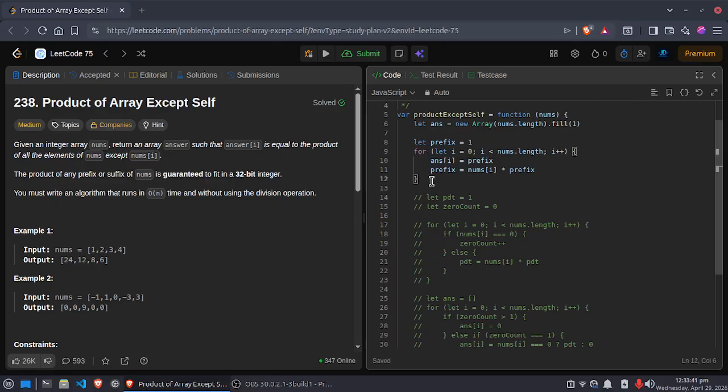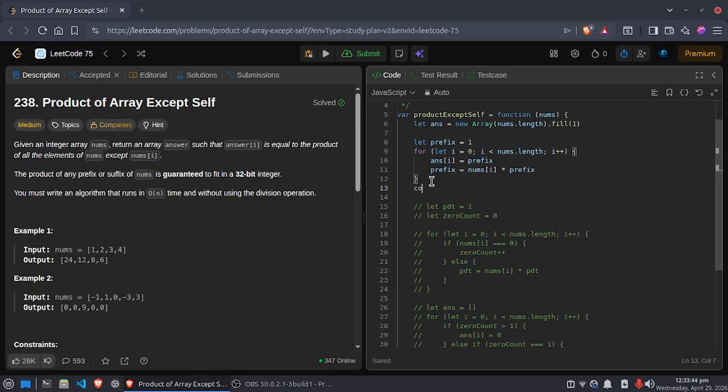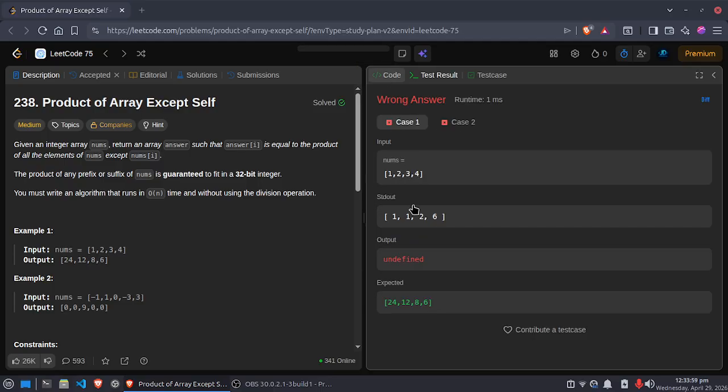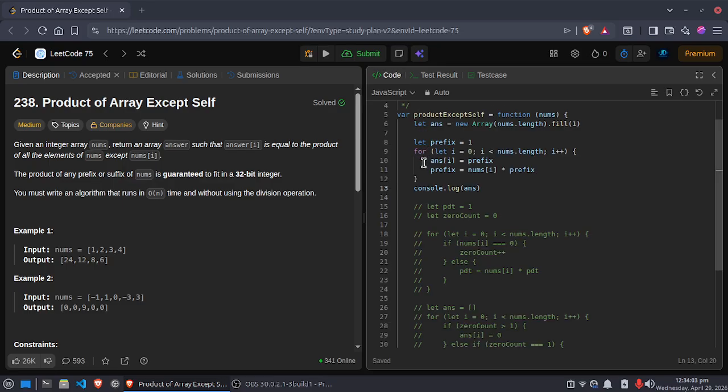If I console.log the answer and run it, let me show you what comes in the prefix array in the first loop. I get 1 1 2 6, because the initial value of prefix is 1 and I store 1 at the 0th index, then prefix is 1 multiply 1, so again 1.